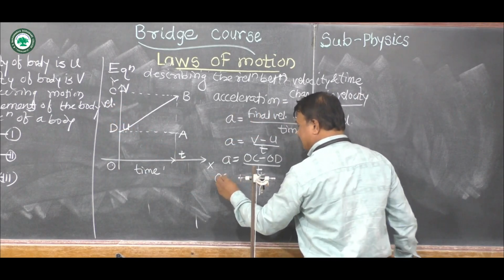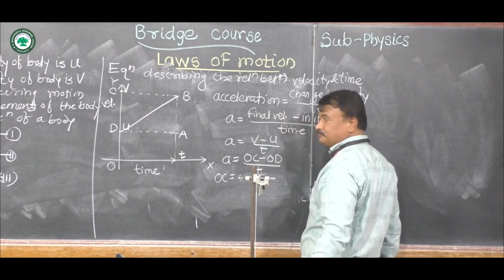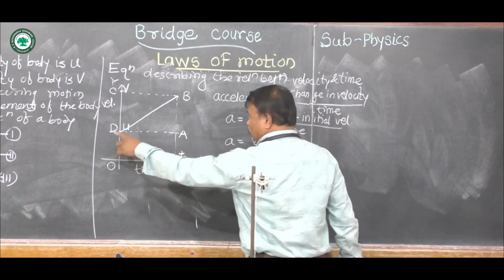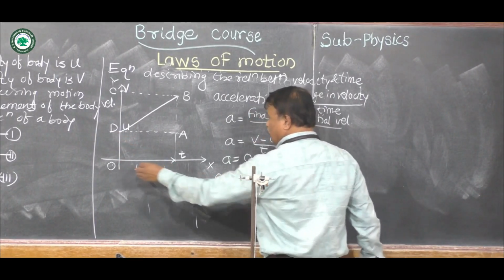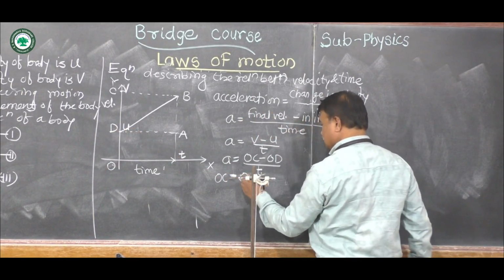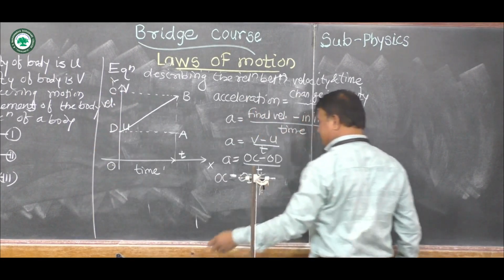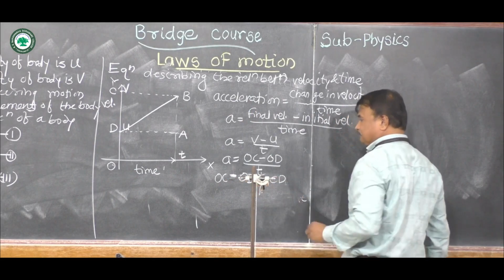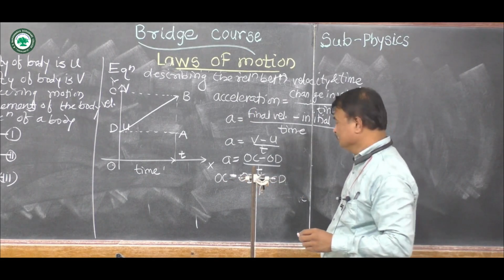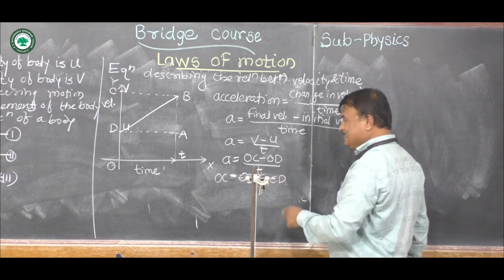If you consider this graph, OC is equal to v, and OC minus OD, what remains is only CD. Therefore instead of OC minus OD, we write directly CD.